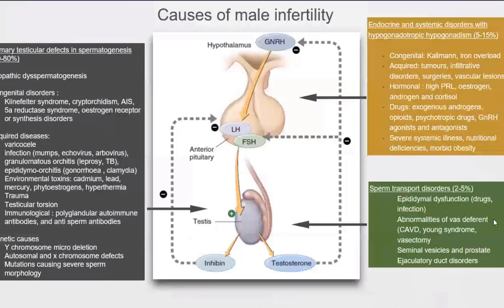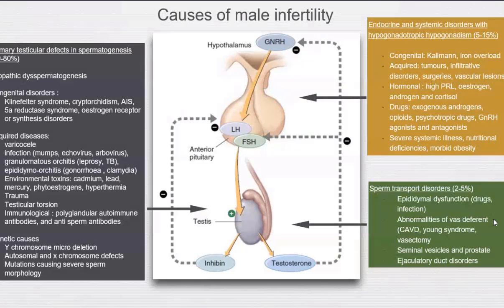Environmental toxins, for example, cadmium, lead, mercury, phytoestrogens, and hyperthermia. So for smokers, they have abnormal levels of cadmium and lead in their blood. So what happens is that they will have a significant reduction in spermatogenesis, with a 23% reduction in sperm count and a 13% reduction in sperm motility and also morphology.